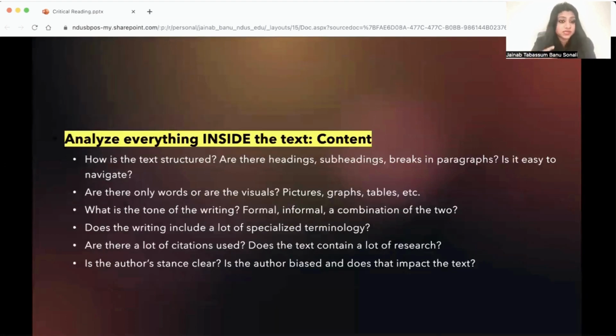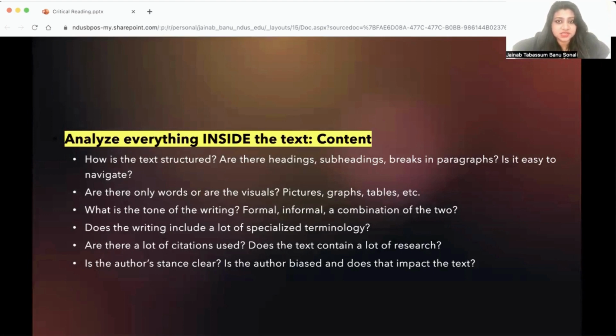Now let's talk about what is inside of the text, that is the context, the content, sorry. The content is, how is the text structured? So you may ask questions like, are there headings, subheadings, breaks in paragraphs? Is it easy to navigate?